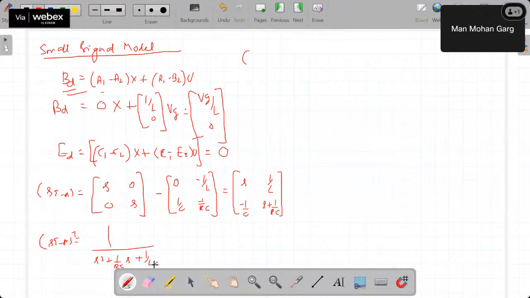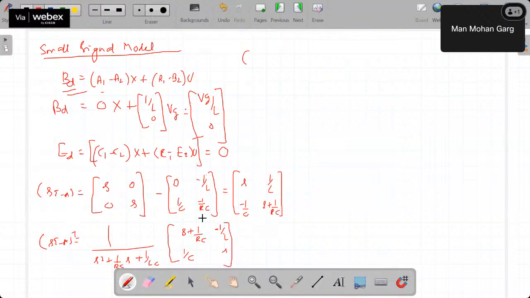And for this, we need to find its cofactors, then take the transpose. So finally it comes out to be s plus 1 upon RC here, s here, minus 1 upon L here, but when we take the transpose, it goes up here, and this will be 1 upon C. So this is (sI minus A) inverse.